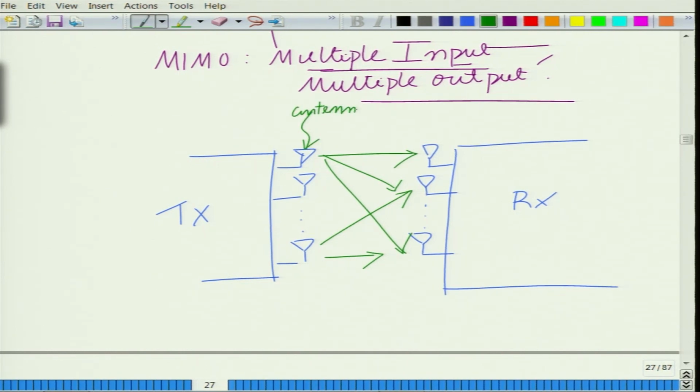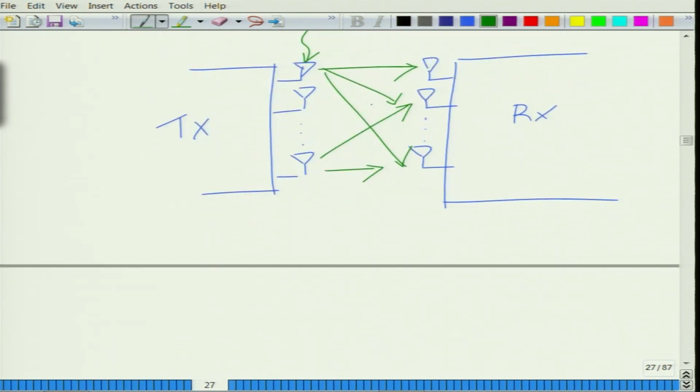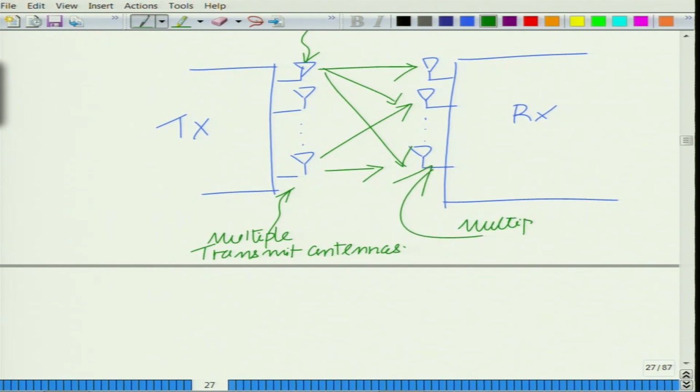Each of these is an antenna, and what MIMO means is that you have multiple antennas at the transmitter, multiple transmit antennas, from which you can transmit multiple symbols, right, and you have multiple receive antennas from which you can receive multiple symbols.